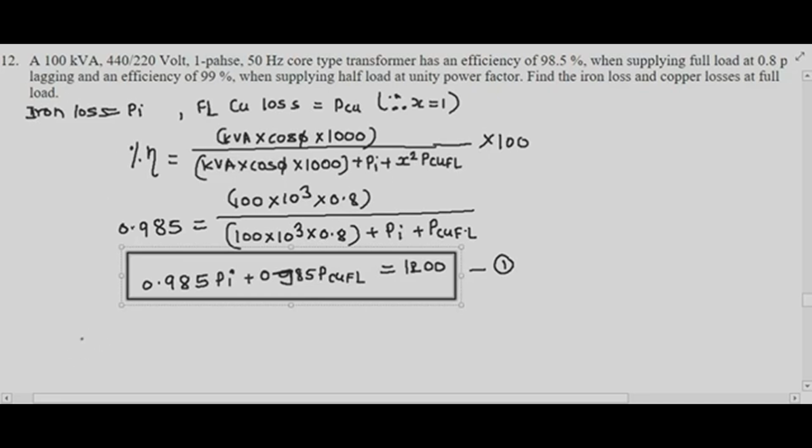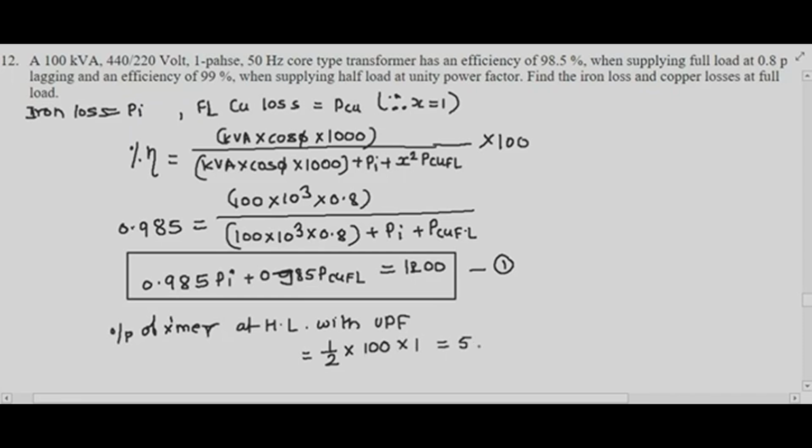So I can write the output of the transformer at half load with unity power factor, UPF, will be equal to 1/2 into 100, means this is the kVA at half load, multiplied by 1, kVA into power factor. So it will be 50 kilowatt.